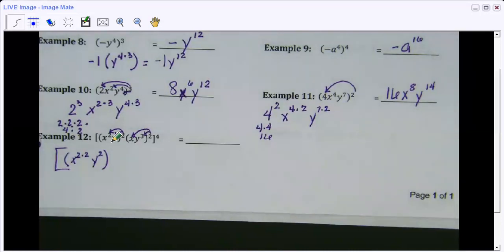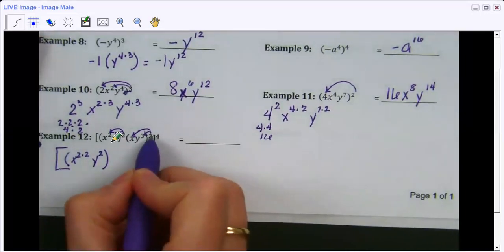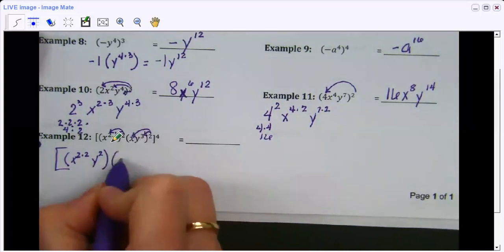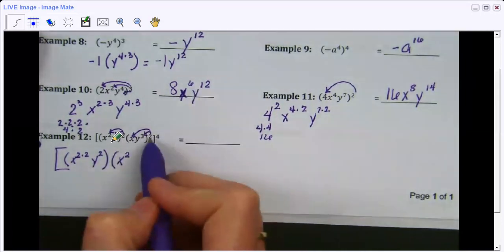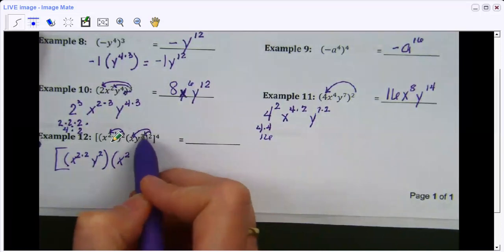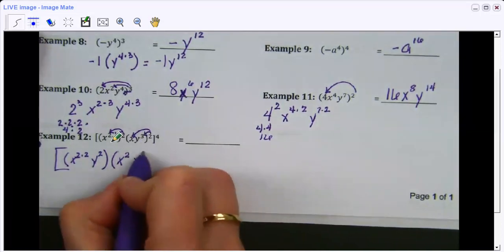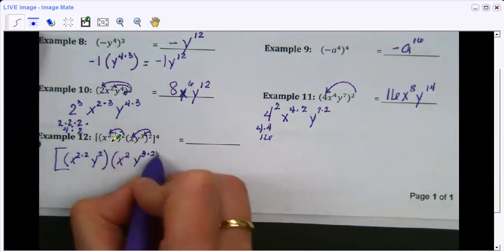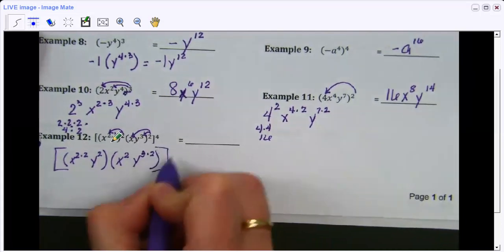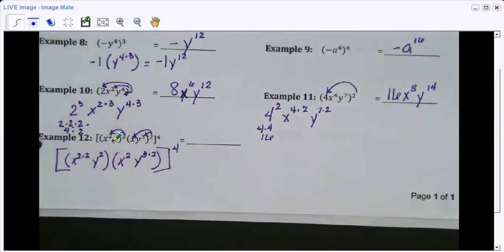Now I'm going to do the same thing for this parenthesis. I have the exponent of 2 applied to x, which just gives me x squared, and the exponent of 2 applied to y cubed, which is y to the power of 3 times 2, still within the bracket with an exponent of 4.